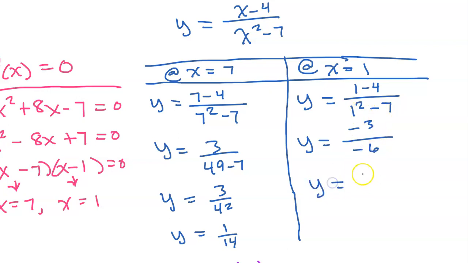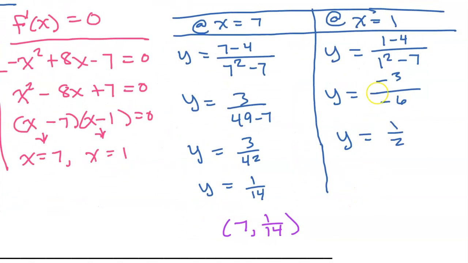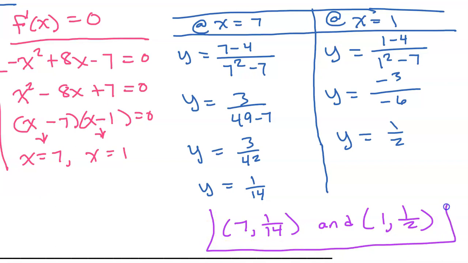So y is equal to positive 1/2. Combining this x value and this y value, we get 1 comma 1/2. So these are the 2 points at which we will have a horizontal tangent line.